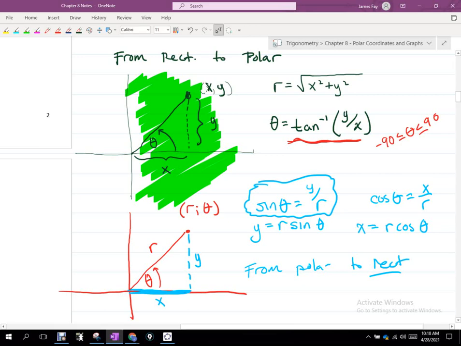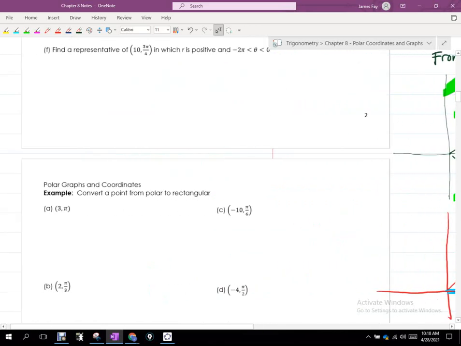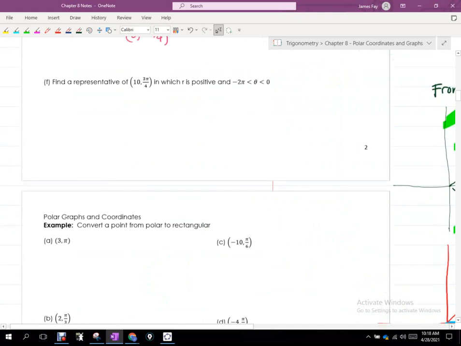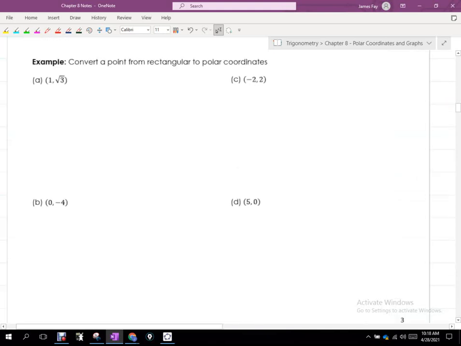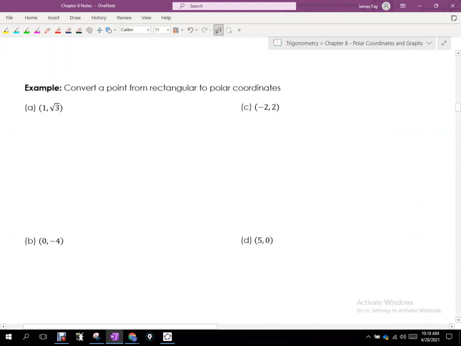So the first thing I want to do, and they're kind of backwards in your notes, I want to go down to this section, just because it's the way that we learned it, we learned going from rectangular to polar first, so that's what I want to concentrate on. So these are all rectangular coordinates, and you can visualize that because of the nature of the ordered pair.